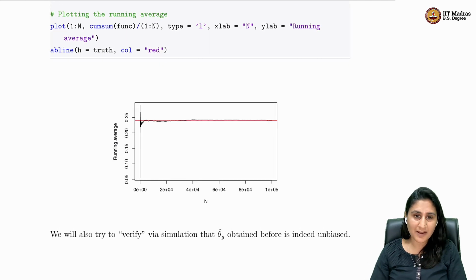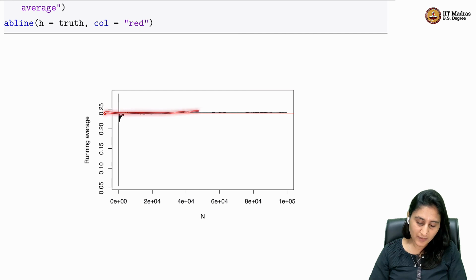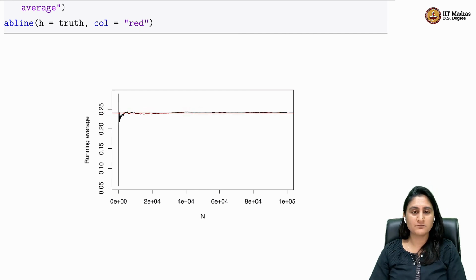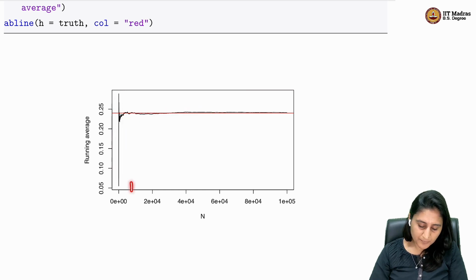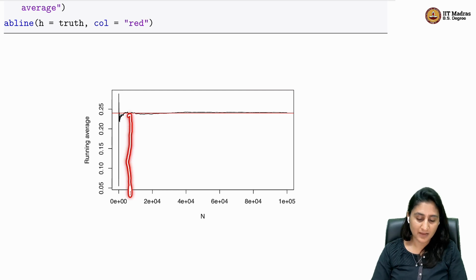The red horizontal line is the true value of my target quantity theta. And in black, for any number of samples, let's say 50,000 or 5,000, it finds the sample average, or the Monte Carlo estimator, at all of these values and plots them here.